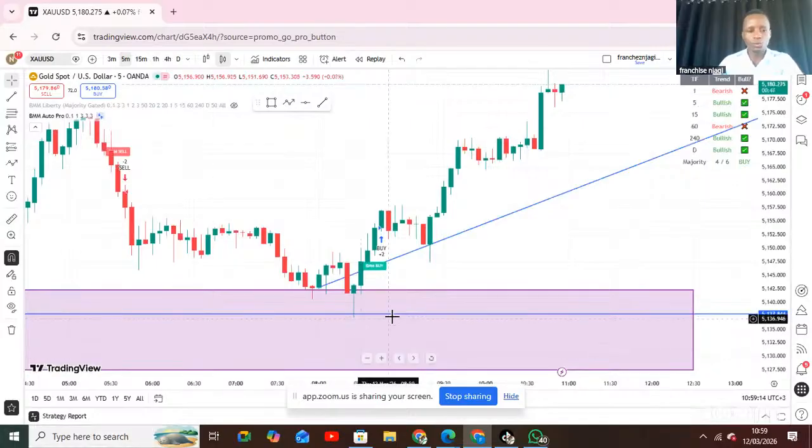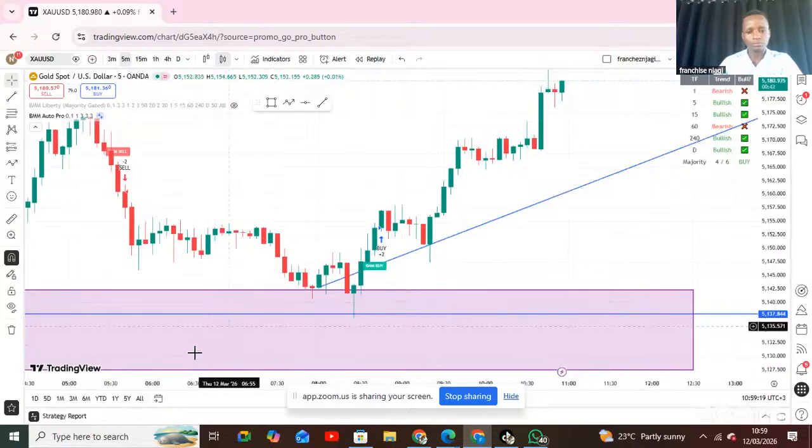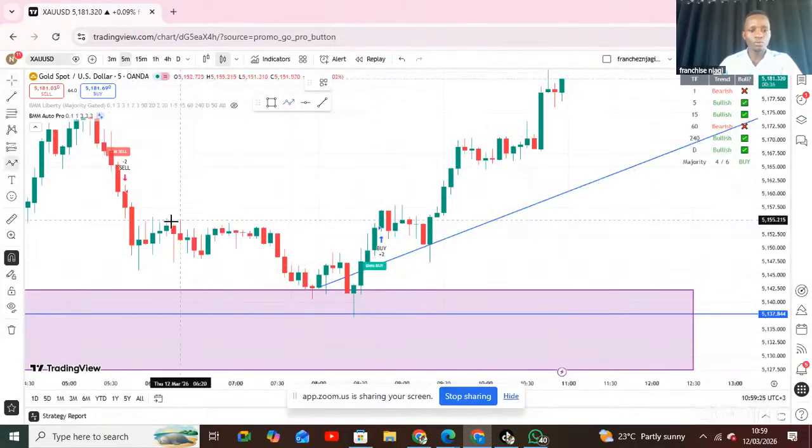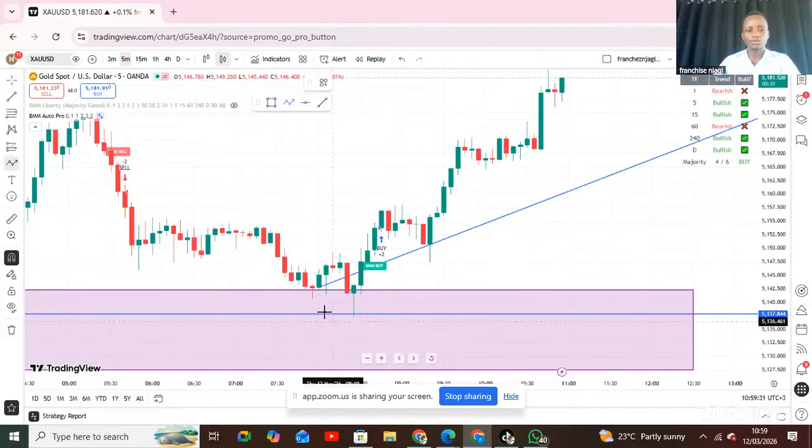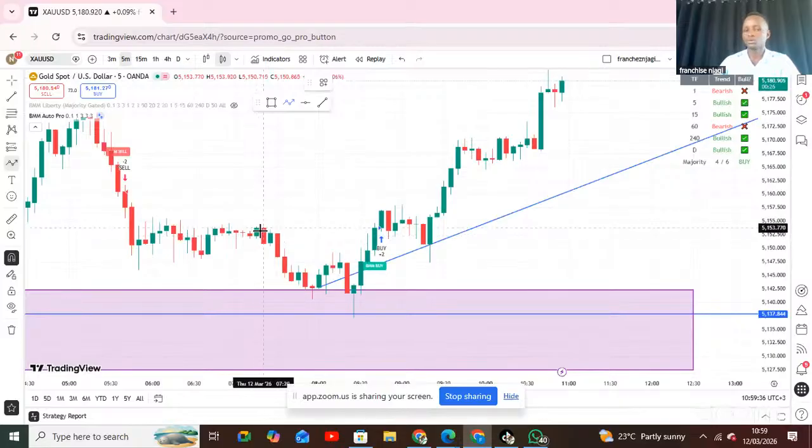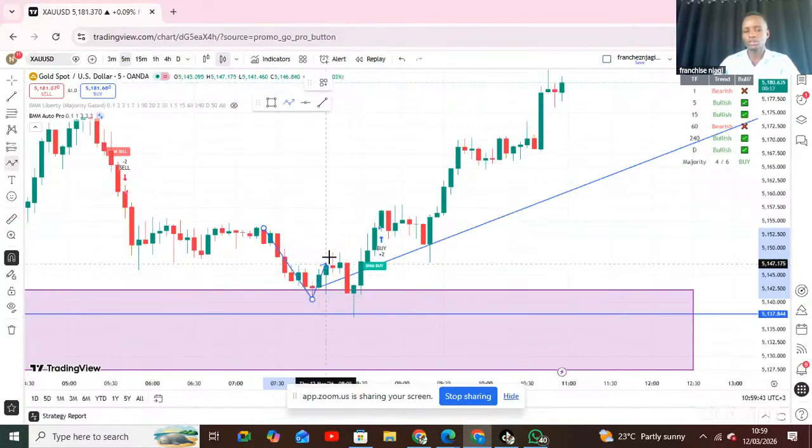So we marked our zone here on higher time frame, which is 4 hours. Then you go back to your smaller time frames, and the market gets to your position and starts consolidating here, and then it comes and sweeps the early buyers.